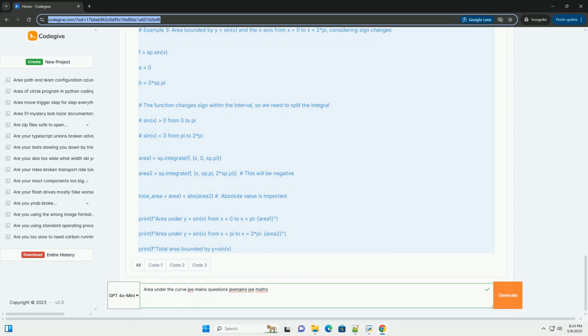5. sp.solve(f1 - f2, x) solves the equation f1(x) - f2(x) = 0 for x, finding the intersection points. 6. sp.lambdify(x, f) creates a function from a SymPy expression that can be evaluated numerically.